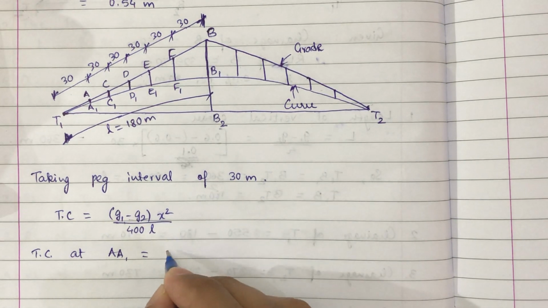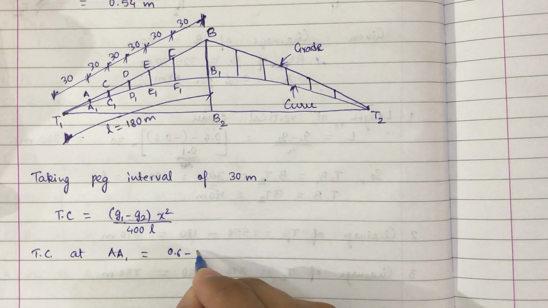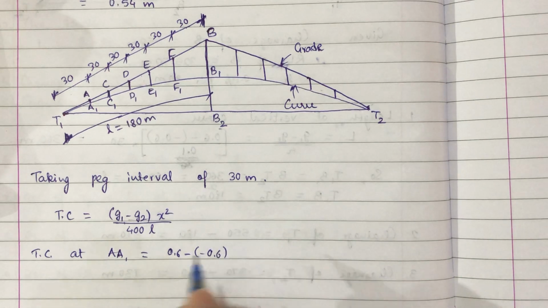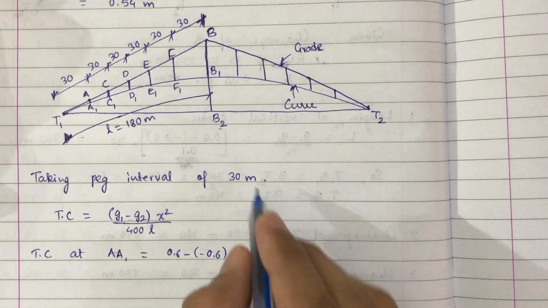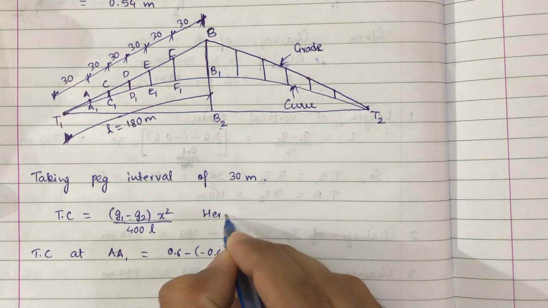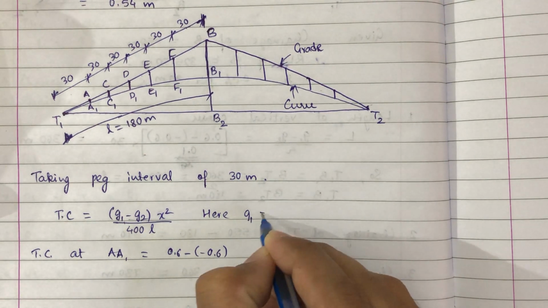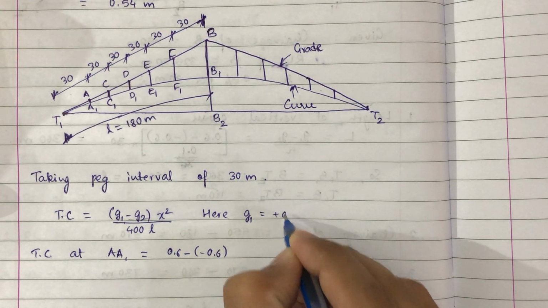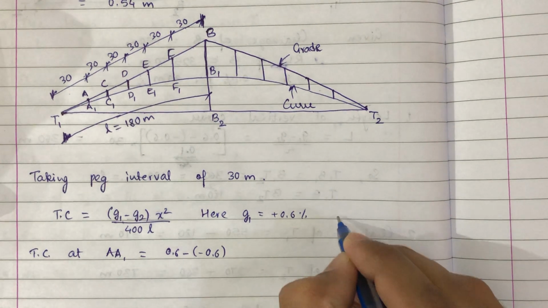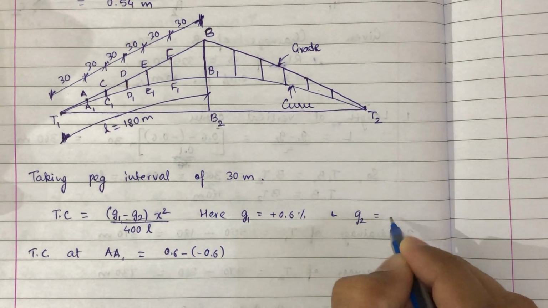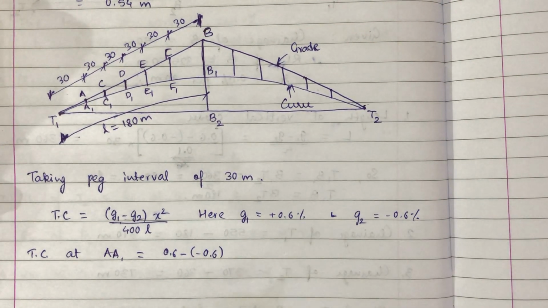G1 is equal to plus 0.6% and G2 is equal to minus 0.6%.